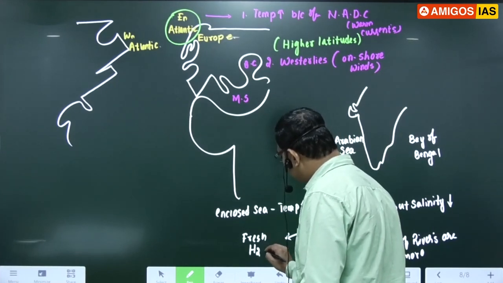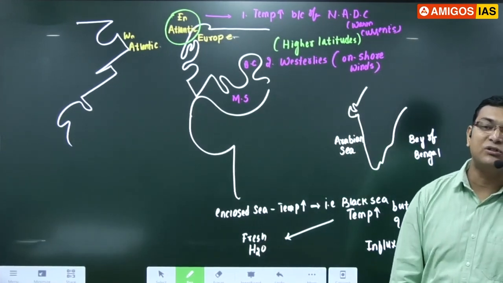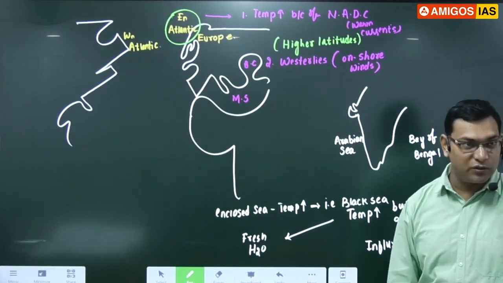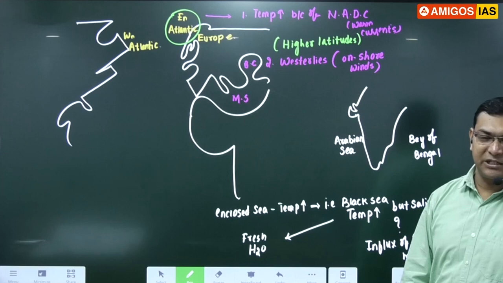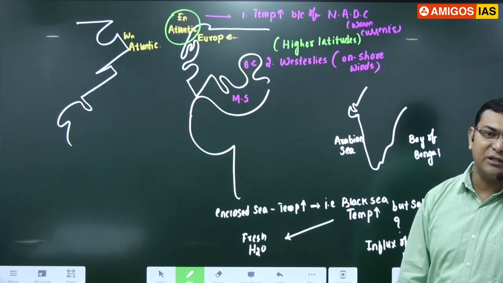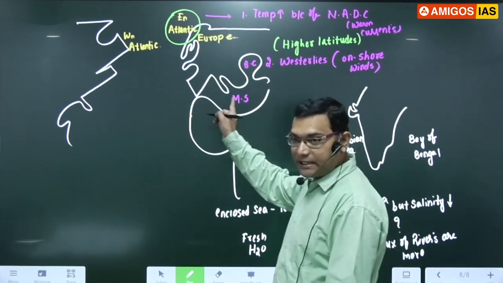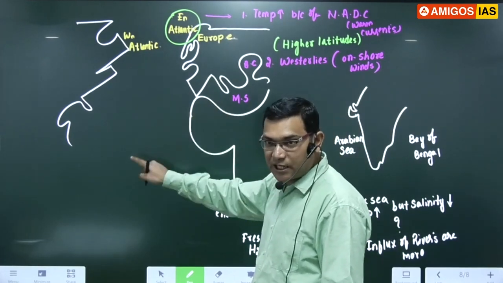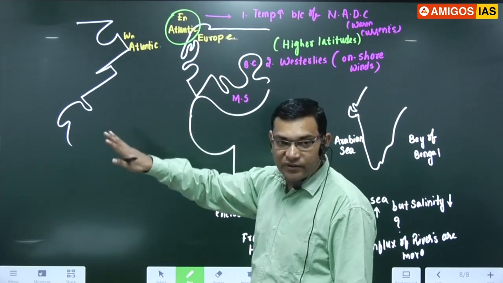We do not consider river as a source of salinity, I told you in the starting also. It is not considered a source of salinity, but still we count it because it is 0.03%. So fresh water is added. But the Mediterranean Sea is an open sea. Temperatures are less, but salinity is more due to fewer rivers being added.